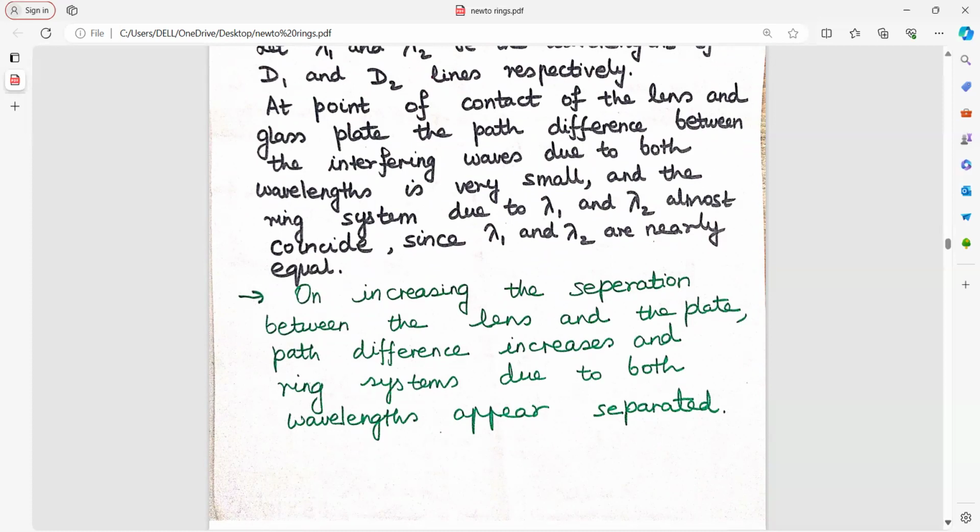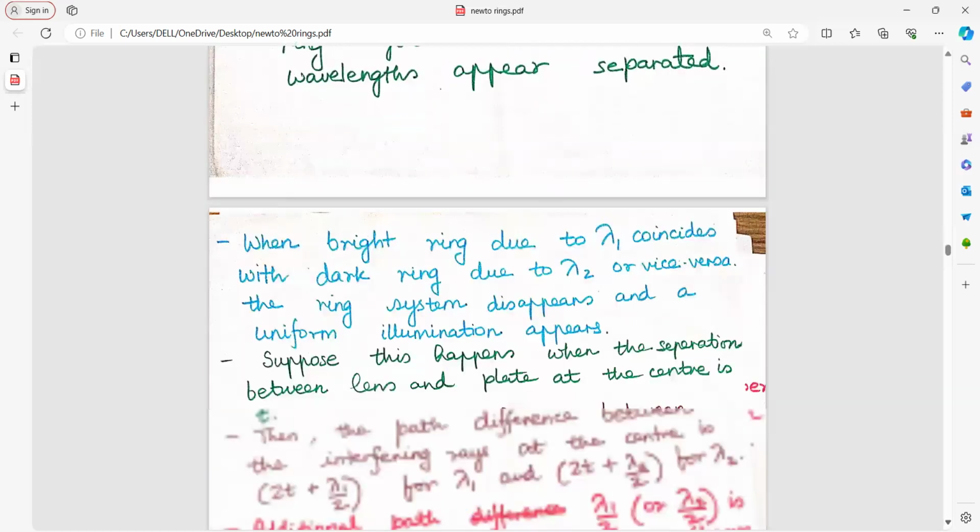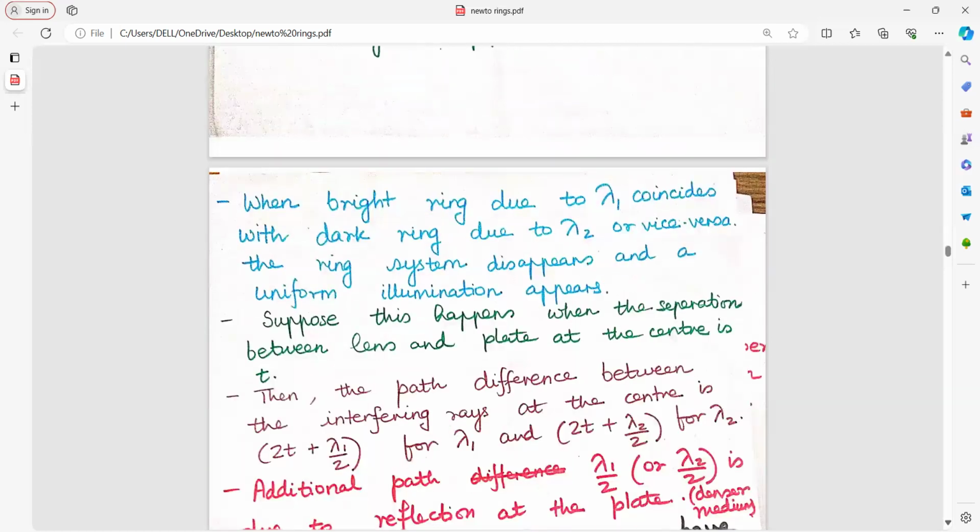So on increasing the separation between the lens and the plate, the path difference increases and the ring systems due to both wavelengths appear separated. When a bright ring due to lambda 1 coincides with a dark ring due to lambda 2 or vice versa, the ring system is going to disappear and you will find a uniform illumination.